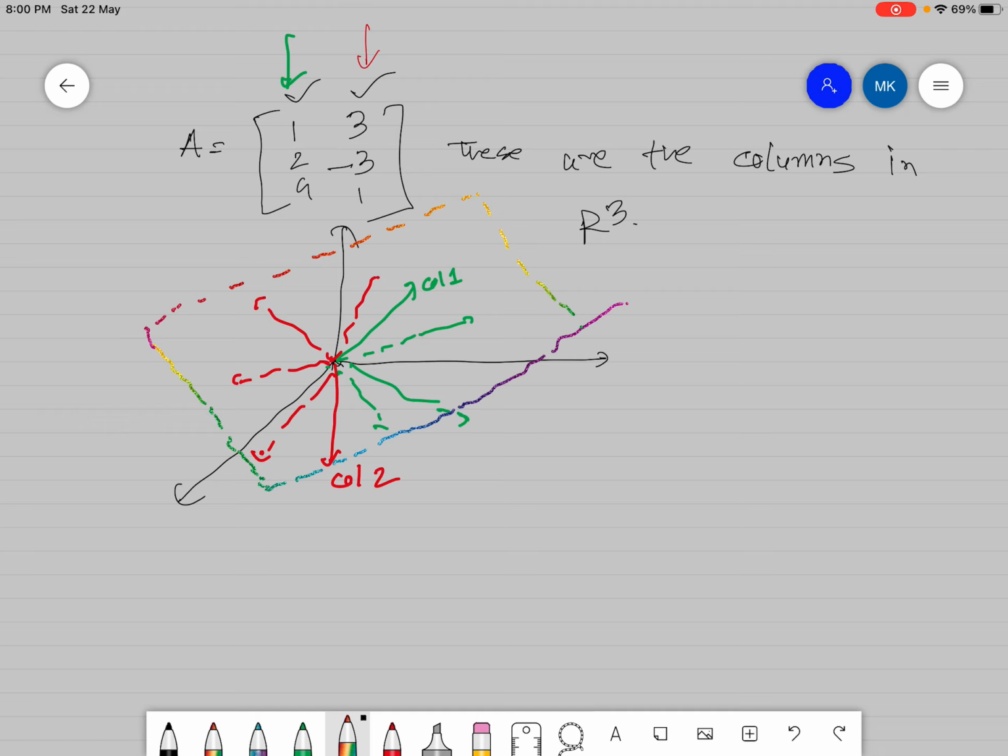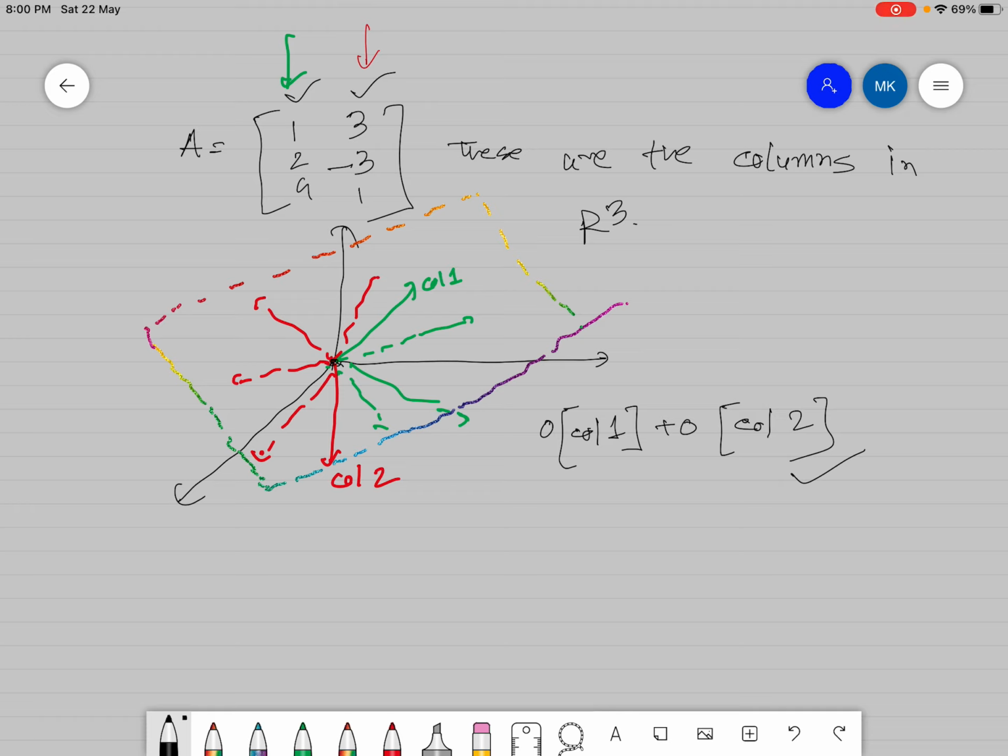So how do I include the origin here? Very simple. We take the scalars as 0. So 0 times column 1 plus 0 times column 2, and by this linear combination we include the origin.